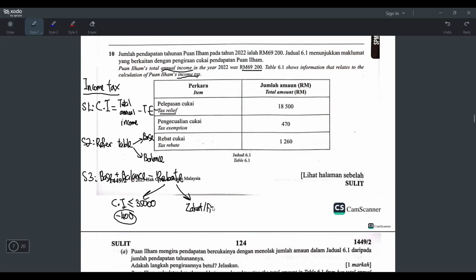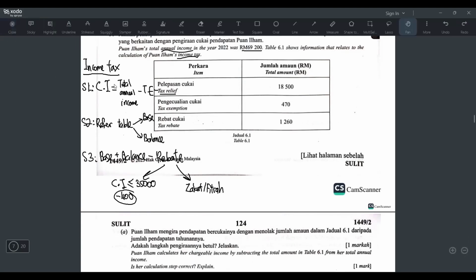This one they will mention in the soalan, like the zakat, dia akan bagi tahu ni dekat soalan. Tapi yang ini dia tak bagi tahu dekat soalan. This 400, you have to check yourself. They will not tell you in the question. And if the chargeable income does not exceed 35,000, you have to minus 400 here.